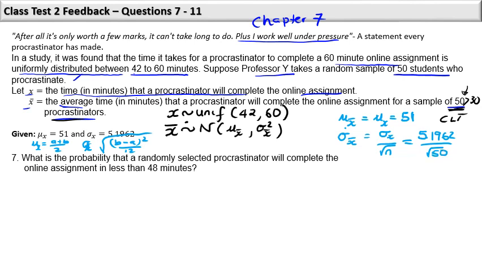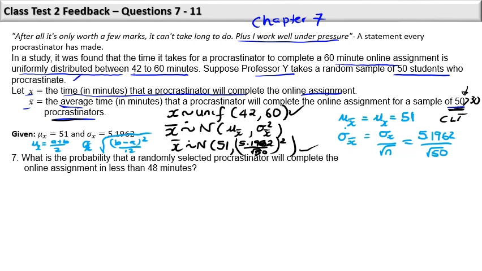With that being said, I can say the distribution of X bar is that X bar is approximately normally distributed with mean 51 and variance of 5.1962 divided by root 50, all squared, because we give the variance. Now we've got the distribution of X and the distribution of X bar. They can throw any question at us and we'll be able to answer it.